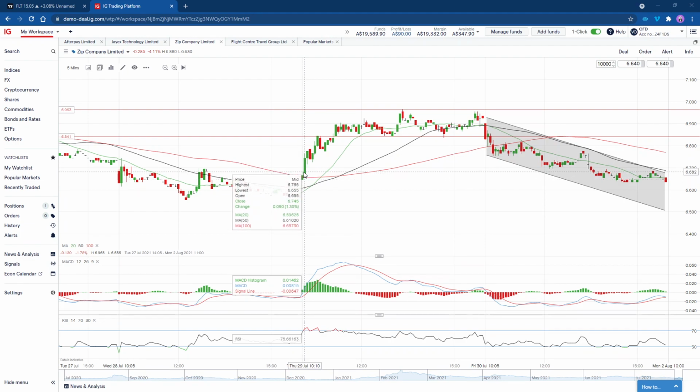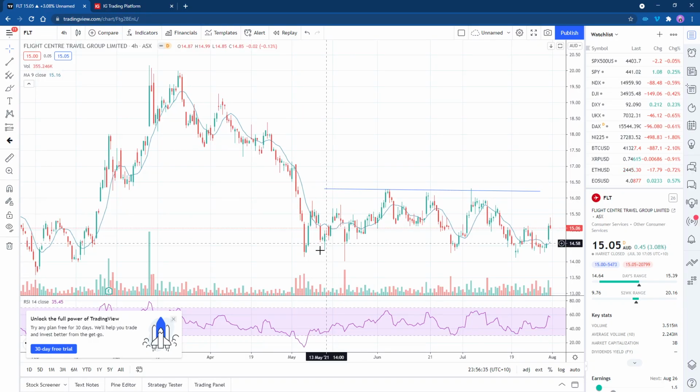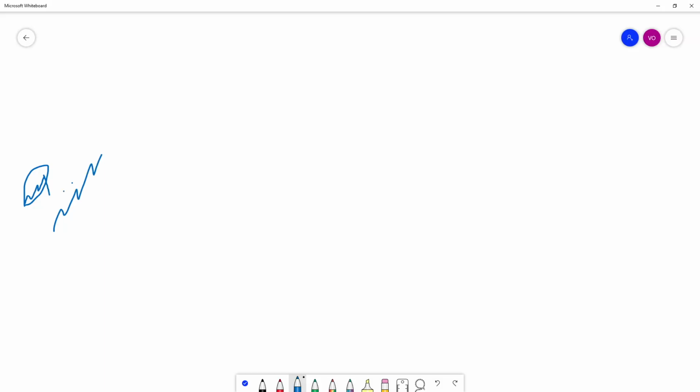Now, we don't look at it candle by candle. We look at it in terms of pattern. Let me go back to TradingView. That's better to explain. Actually, let me go back to this. All right, higher high.